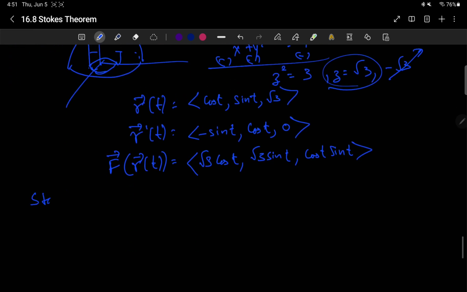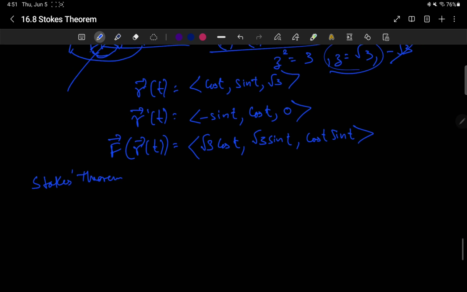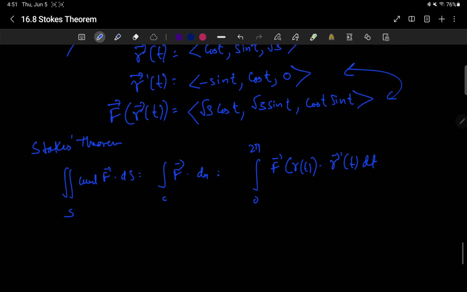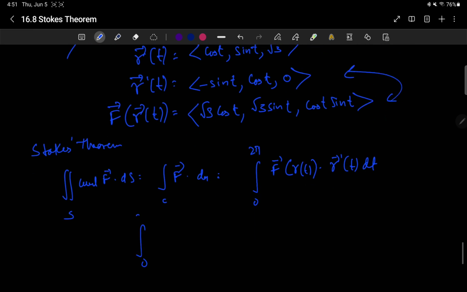So what does Stokes theorem say? Based on Stokes theorem, this surface integral of the curl is going to be the same as a line integral. But what is the line integral? In vector form, line integral is f of r(t) dot product with r prime of t. And we have these two here. When you take the dot product of them, the z part becomes 0.